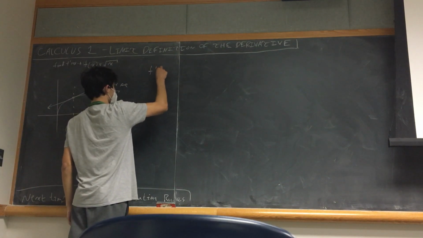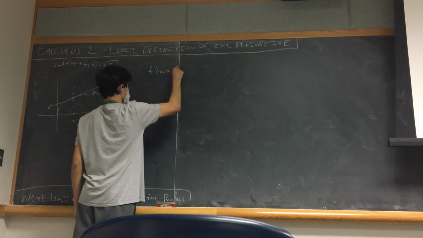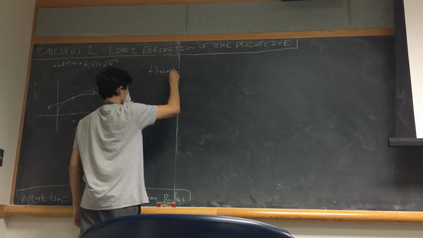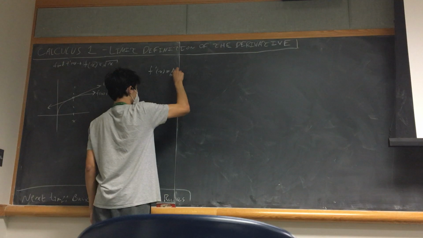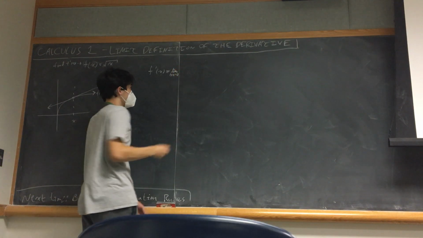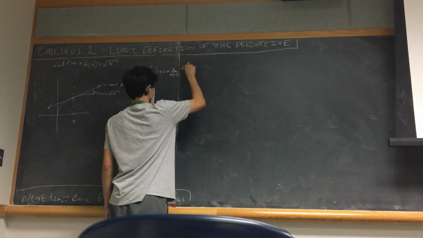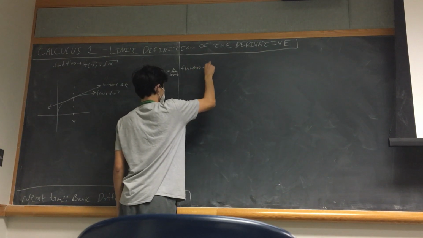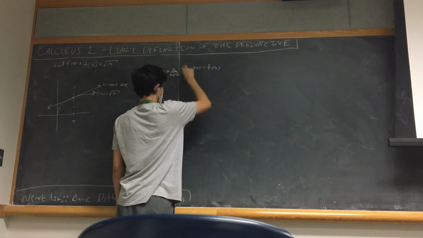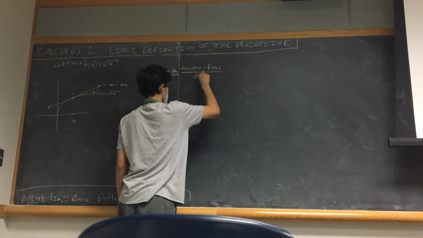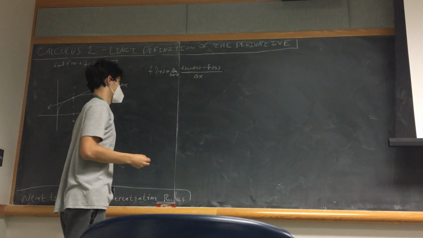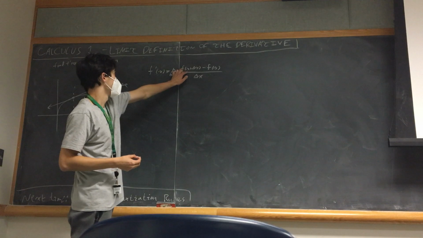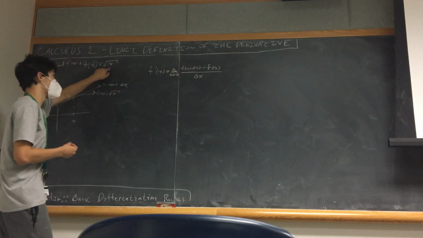So we know that f prime of x is equal to the limit as delta x approaches 0 of f of x plus delta x minus f of x, all over delta x. We know f of x is square root of x.